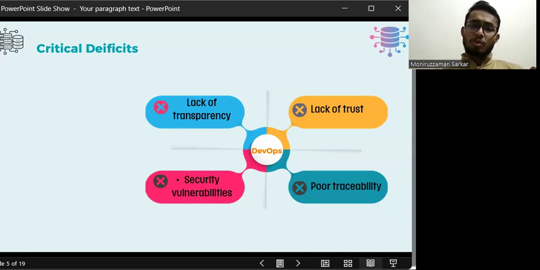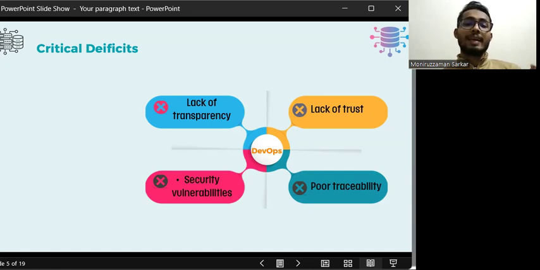Lack of transparency means that the stakeholders cannot clearly see what is happening in the pipeline. Lack of trust means lack of trust between the stakeholders, and security vulnerability means that unauthorized access can occur in the system.